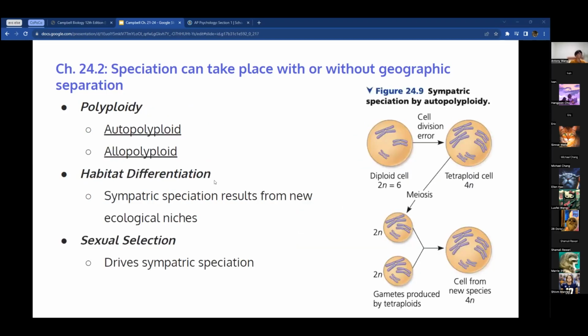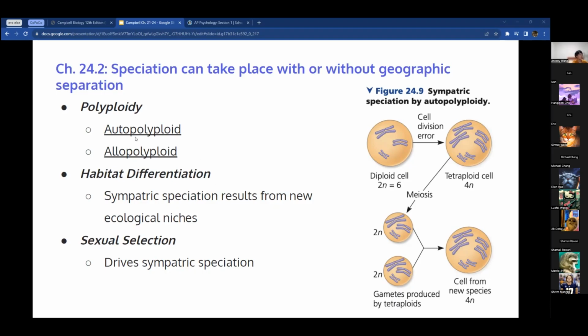Speciation can take place with or without geographic separation. So these are some examples of sympatric speciation. Polyploidy is very common in plants, not much in animals, because in animals polyploidy is fatal. But in plants, if you duplicate the genome, the plant becomes a new species. There are two ways this can happen.